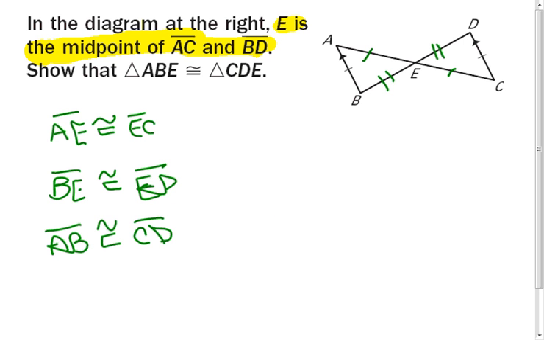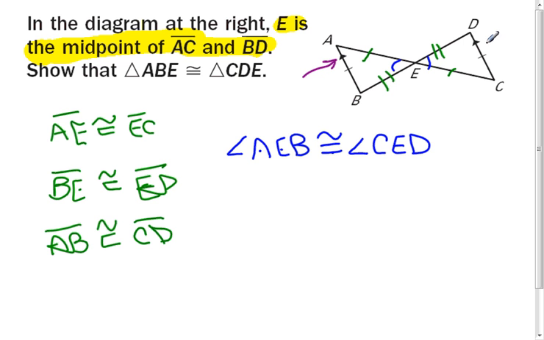Now we're going to start talking about the angles. Well, immediately I can see, bam, we got a vertical pair of angles there. So angle AEB is congruent to angle CED, okay, because of vertical angles. One thing that I didn't use yet in this picture are these arrows. Of course, you know, that means parallel.